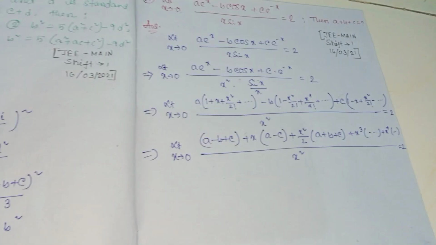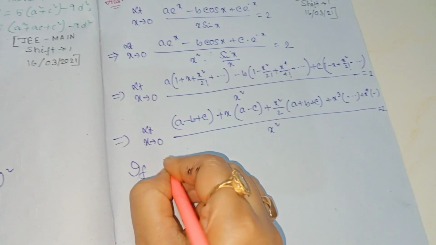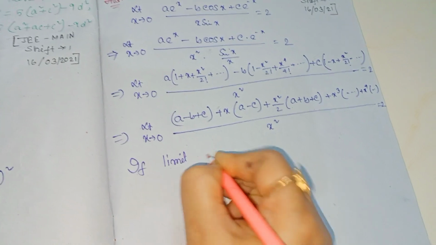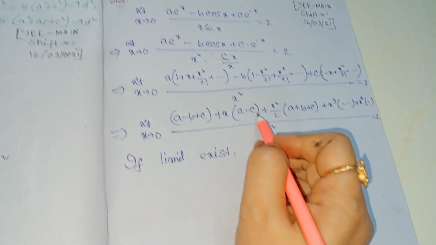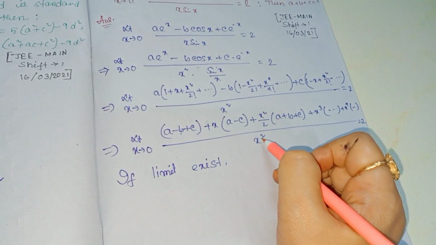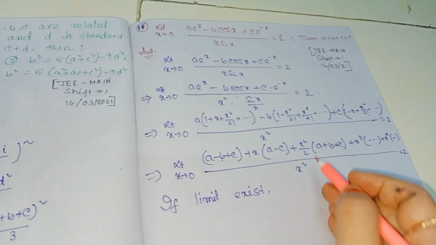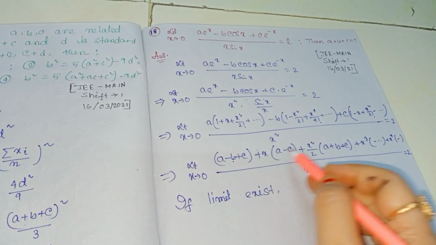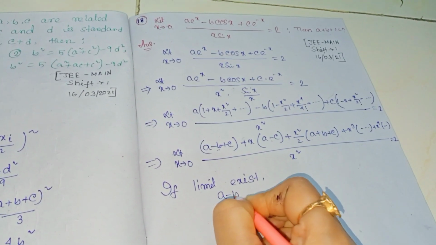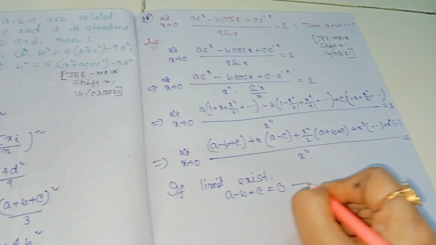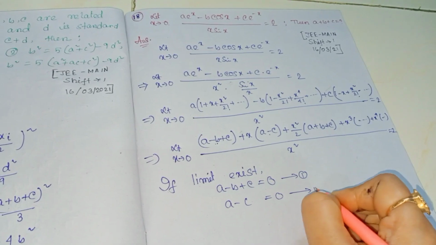So now if the limit exists, then it must be 0. If x squared is cancelled off and x, everything becomes 0, and as x tends to 0, this and this must become 0. So a minus b plus c is equal to 0. It is our one equation, and a minus c is equal to 0 if the limit exists.